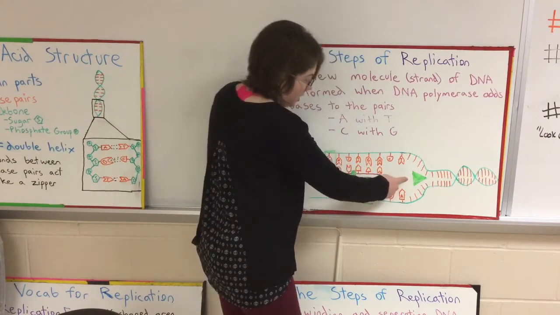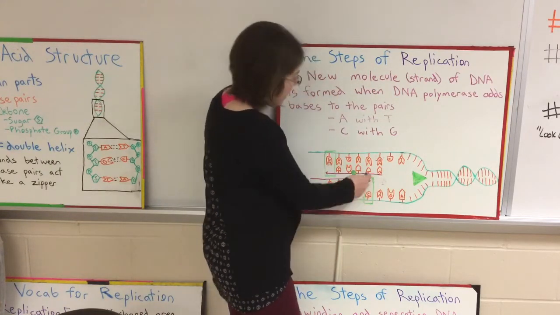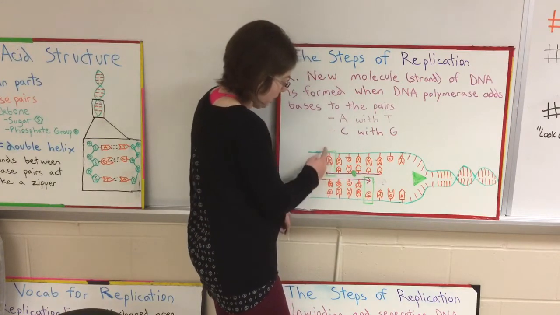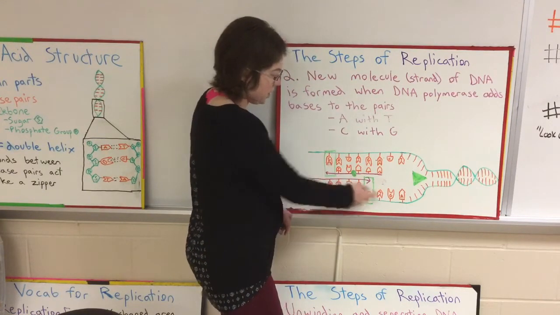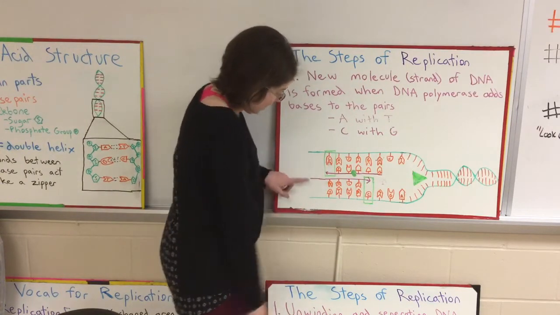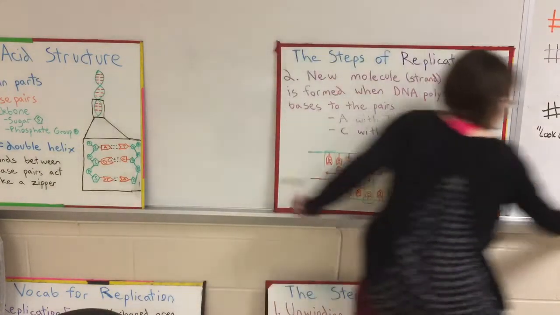The helicase has already unzipped this molecule. And these rectangles are going to be the polymerase for each half of the molecule, because each strand is going to get a new copy to go with it. This bottom strand is called the leading strand.